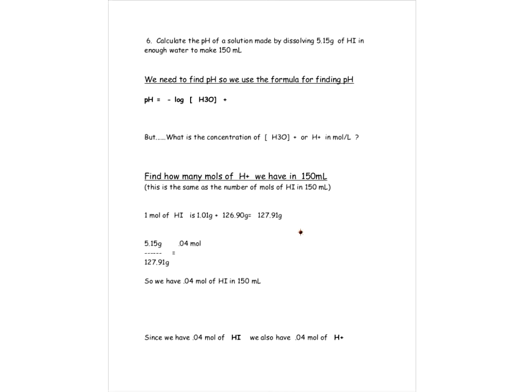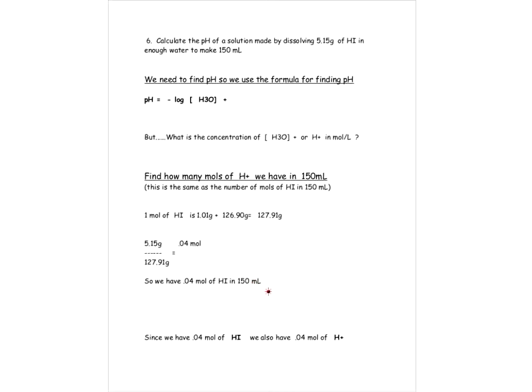What do we do with that? Well, we make it into the number of moles that we have. We've been given 5.15 grams in the solution. So we figure out using this that we have 0.04 moles of HI. So we know we have 0.04 moles of HI in 150 mils. But what are we eventually looking for?